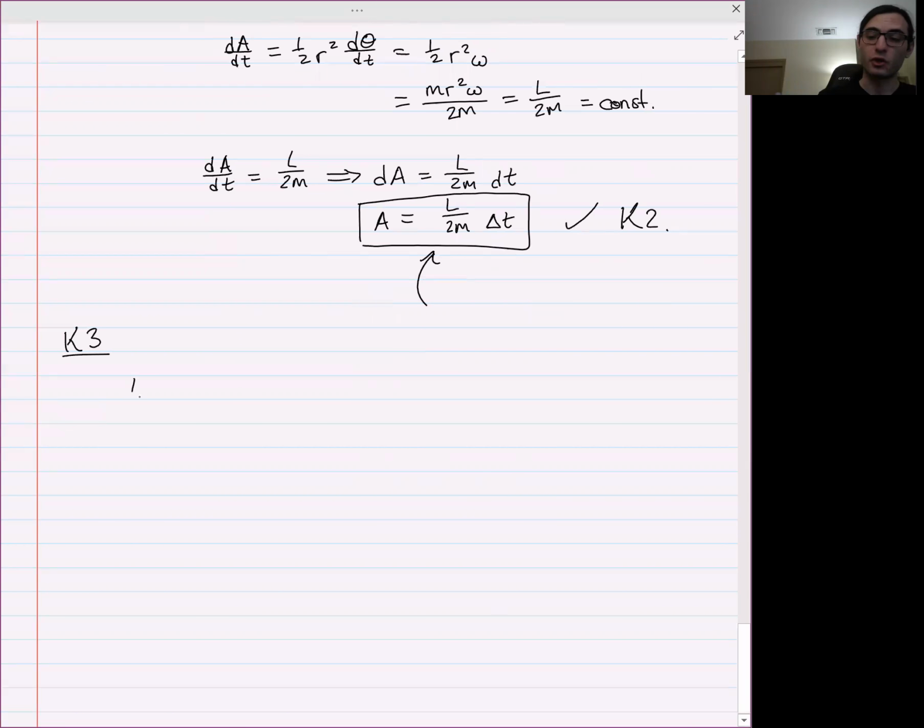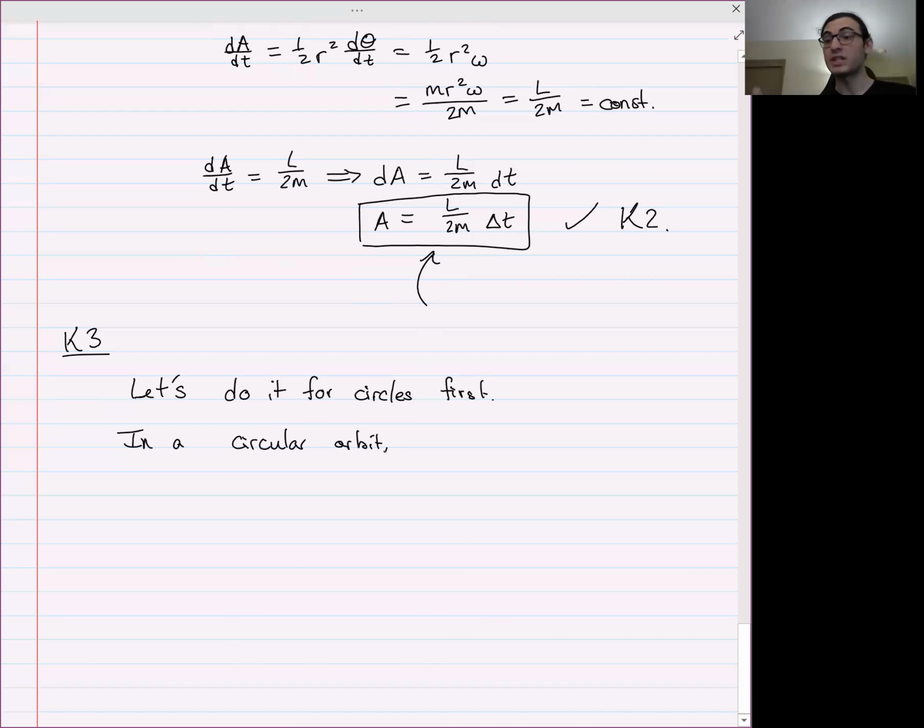So let's check it for circles first. It's a little bit harder to do for ellipses because the semi-major axis, or the distance that the object is from the sun or from the gravitational source, isn't constant, but for circles it's easy. So in a circular orbit, we know that the velocity is constant, right?